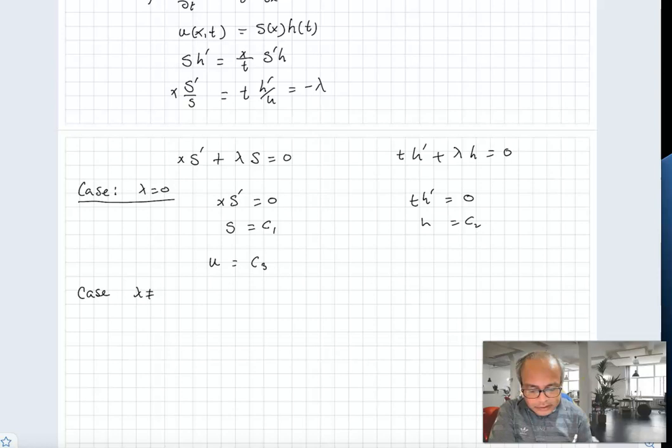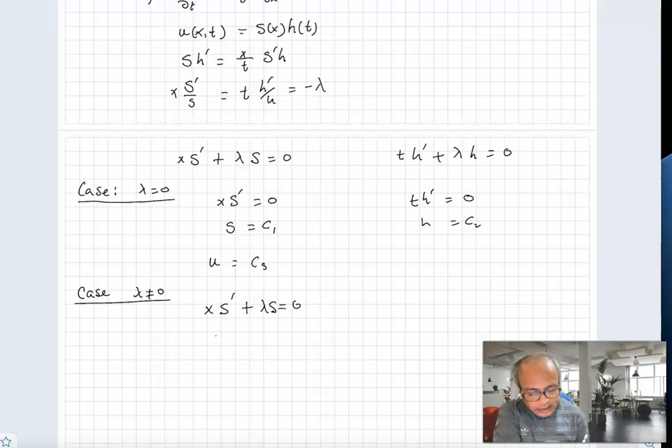Now lambda is not 0. Lambda could be positive or negative. In that case, first look at the x equation: x s prime plus lambda s equals 0.